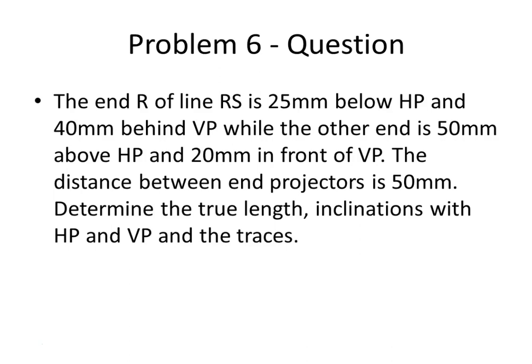So basically you can easily understand that the end R is in the third quadrant and the end S is in the first quadrant. So you could visualize a line starting from the third quadrant and piercing through the vertical and horizontal plane and going up in the first quadrant. So that's how it is lying.